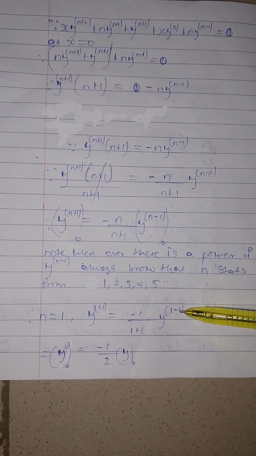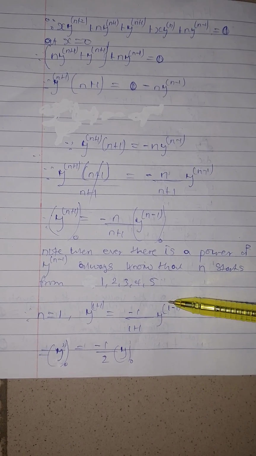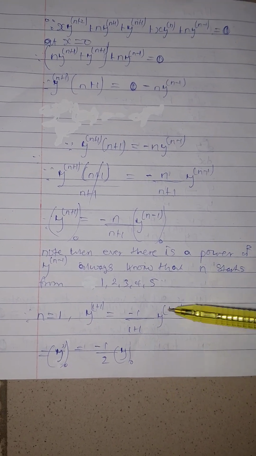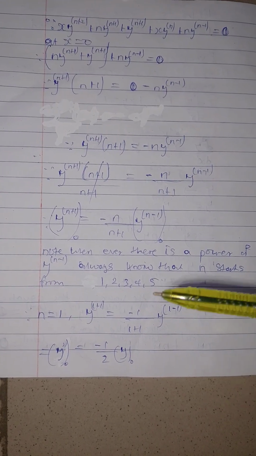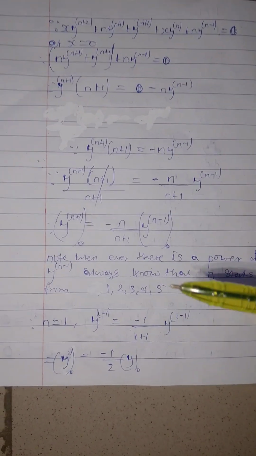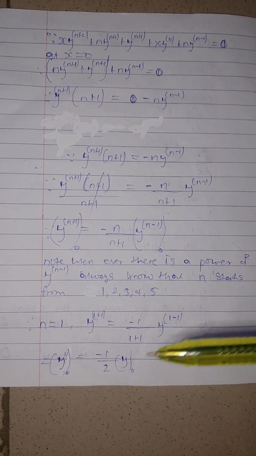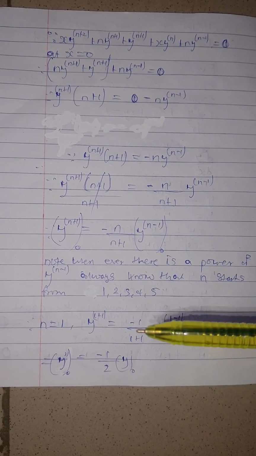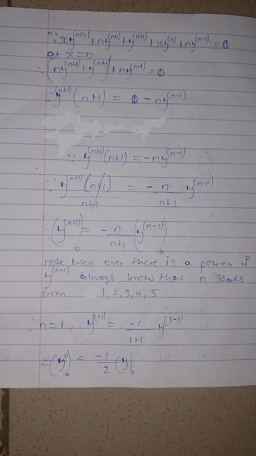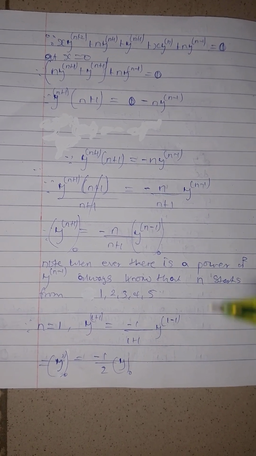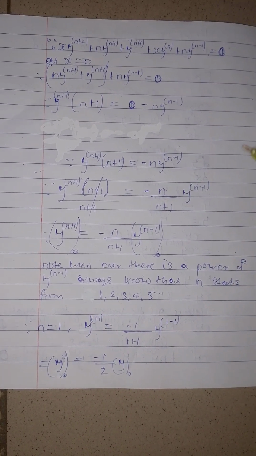Now check this. 1 minus 1 is 0, and I know that anything raised by 0 is 1. But if you check, I didn't do it that way. Why is that? In power series, you must get y naught and y prime naught. You understand? That's just the thing for power series.